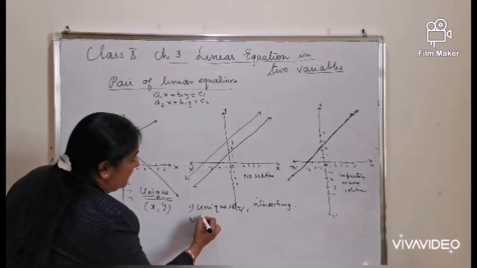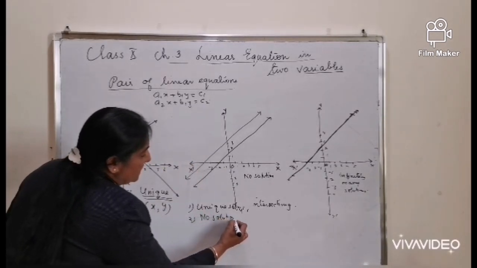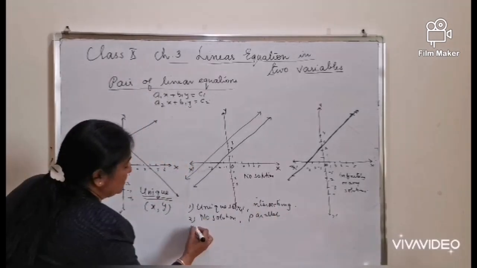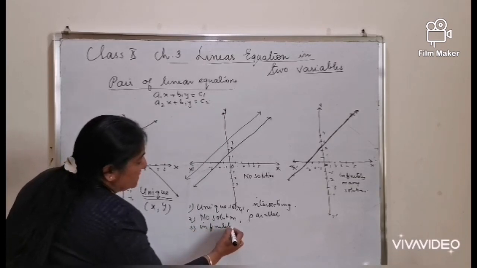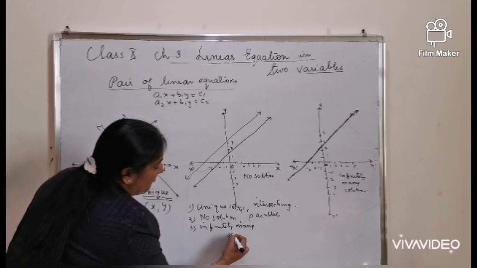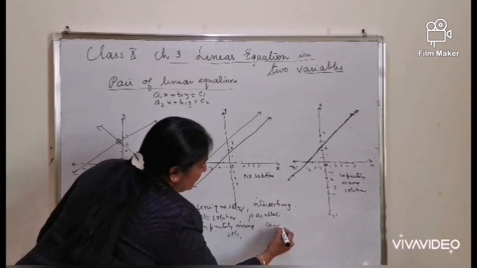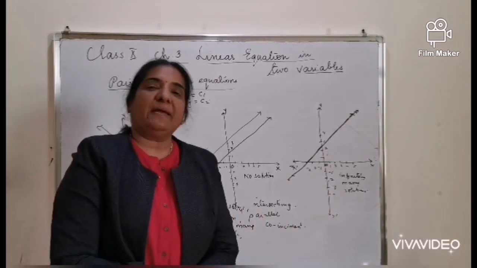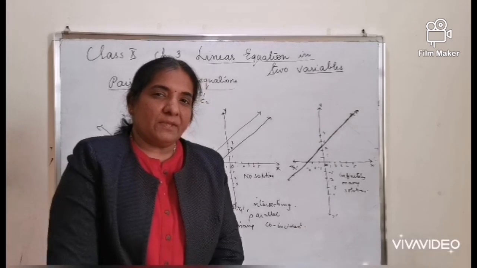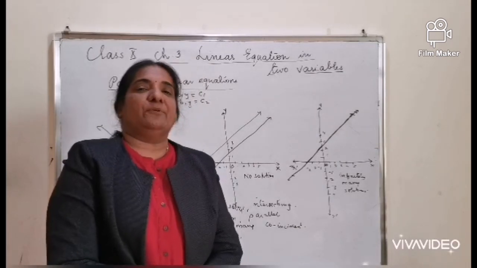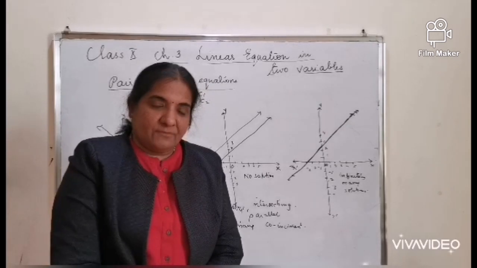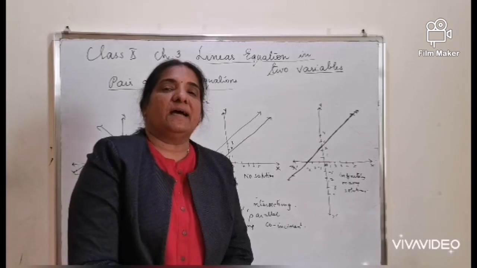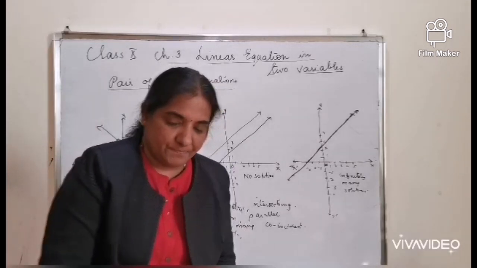The equations can have no solution if the lines are parallel, and the equations will have infinitely many solutions when the lines are coincident. And when a pair of equations is given to you, how do you know what type of solutions exist? We will go into detail on that after drawing the graph, and I will explain the conditions.